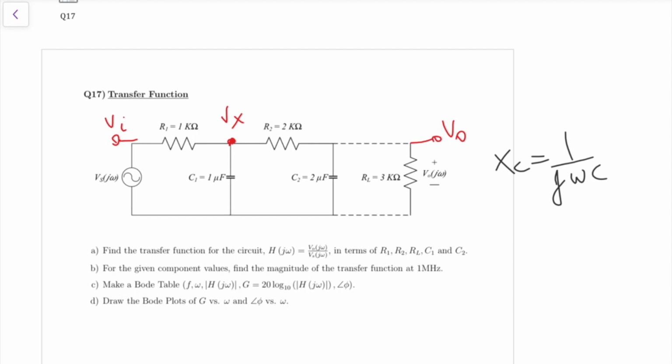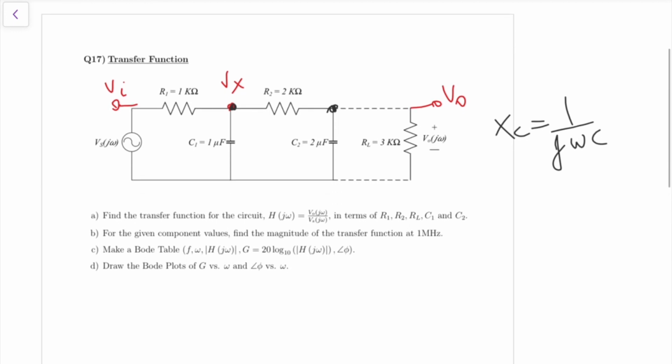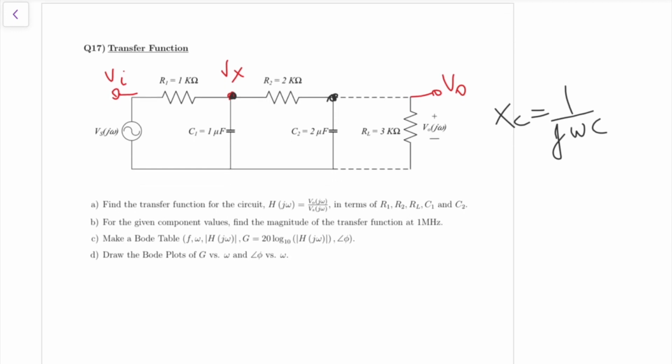We just have to analyze this node here, right? And this node here. So we have two equations, and then we can basically manipulate those equations to calculate the voltage transfer function.